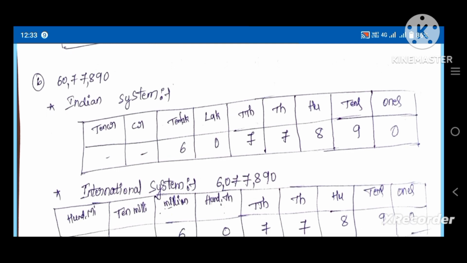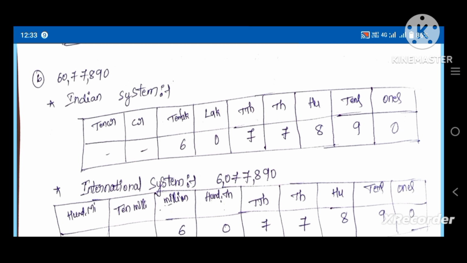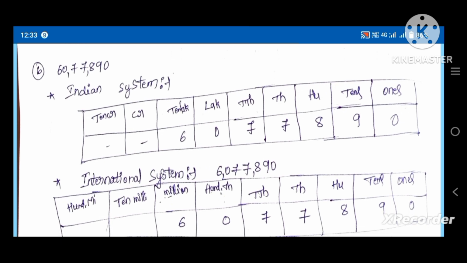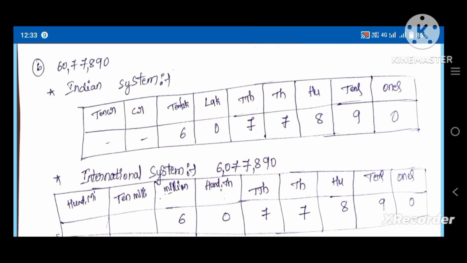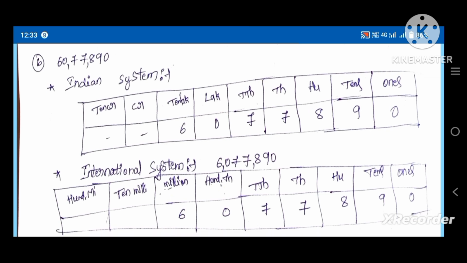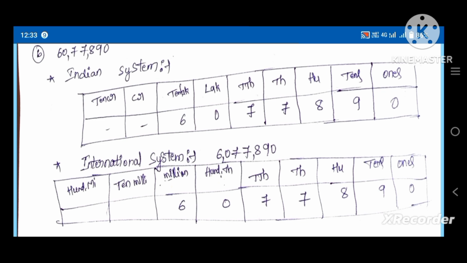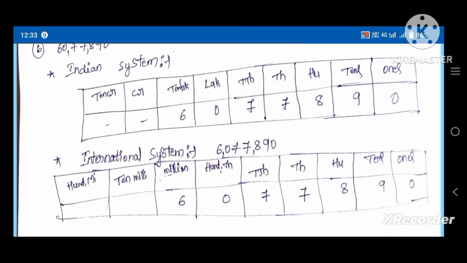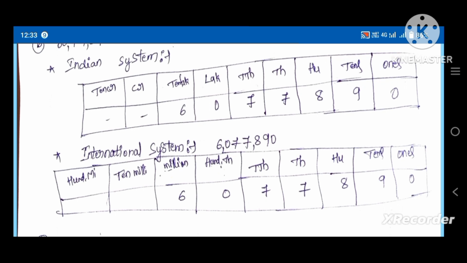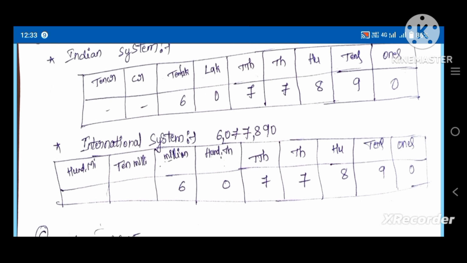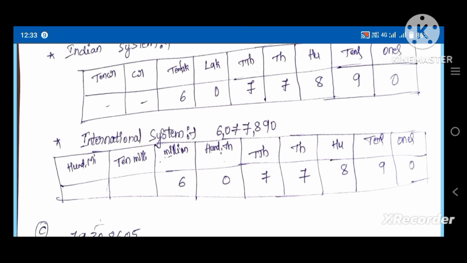International system, we put the comma after 3 digits. 6,077,890. Ones place 0, tens place 9, hundreds place 8, thousand place 7, 10,000 place 7, hundred thousand place 0, million place 6.